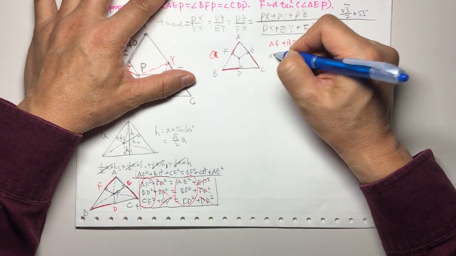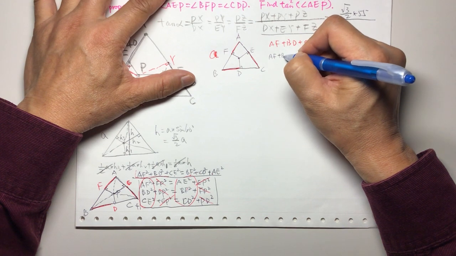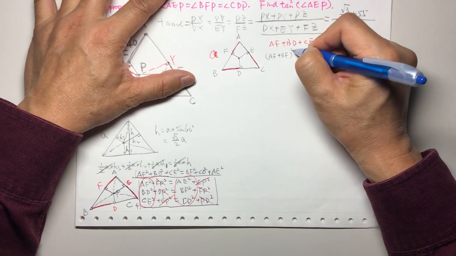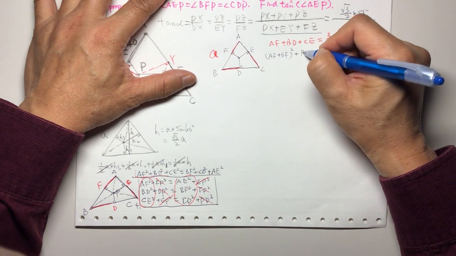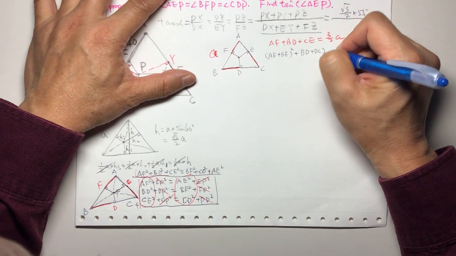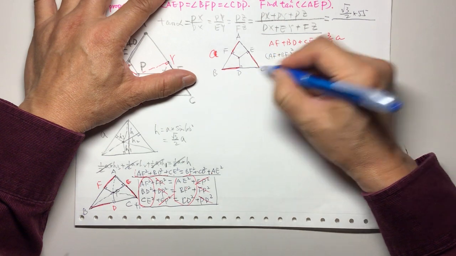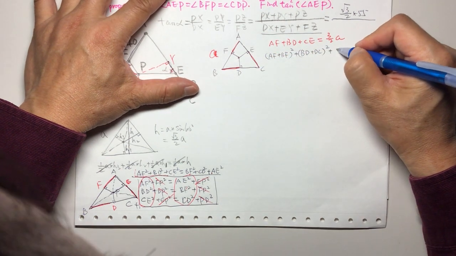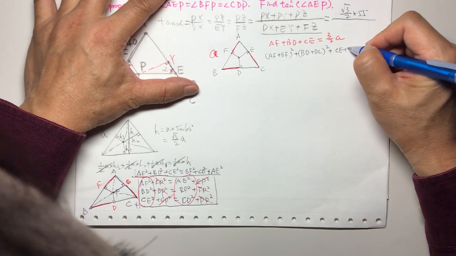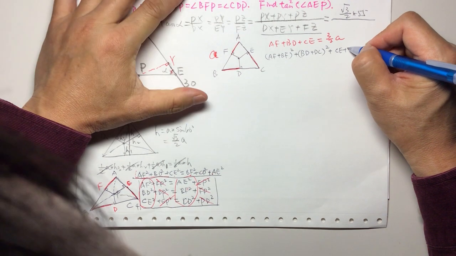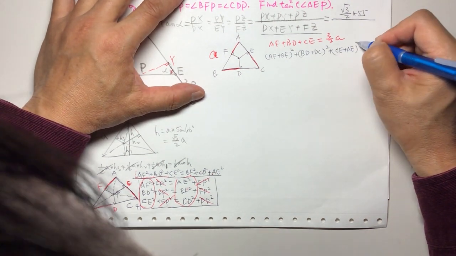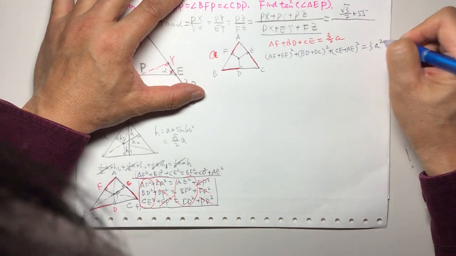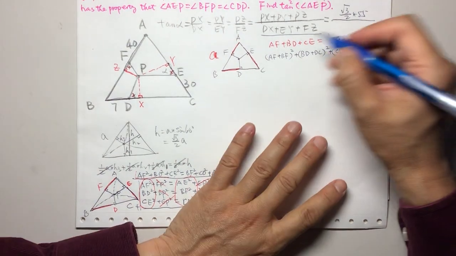Because AF plus BF then squared, that's A squared, right? And we got BD plus DC then squared, that's another A squared. And finally we got CE plus AE then squared. So the sum equals 3A squared. No problem for this one, right?